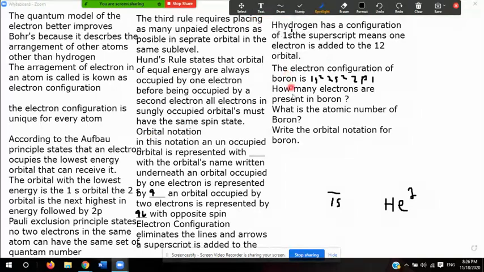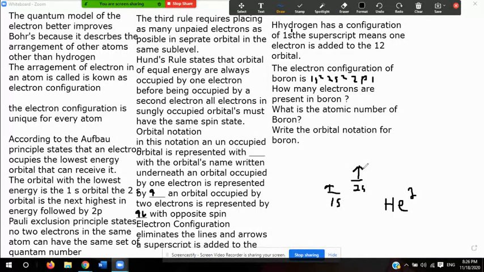So, for example, if we have helium and helium has 2 electrons, I cannot say 1s1, and then skip from the 1s orbital to the 2s orbital. Okay, I can't do this. According to Hund's rule, that's not possible.